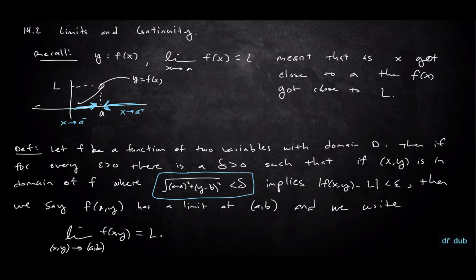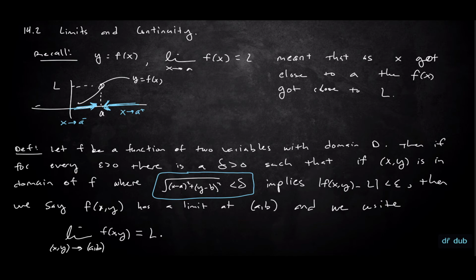If I get to within a circle of radius delta of the point a, b, that implies that the absolute value of f of x, y minus L is less than some epsilon, any value epsilon, then we say that L is the limit of the function f at the point a, b.